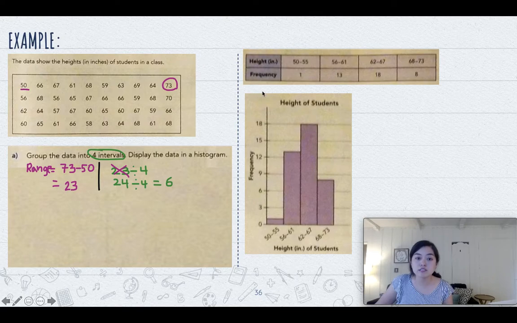And then the frequency is on the y-axis. So here's our data. 50 to 55, is it 1? I guess, yeah, that's a third of the way from 3. And then 56 to 61, that's at 13 here. 62 to 67, that's at 18. And from here to here, that's at 8, I guess.